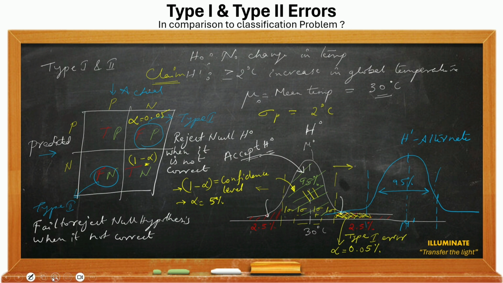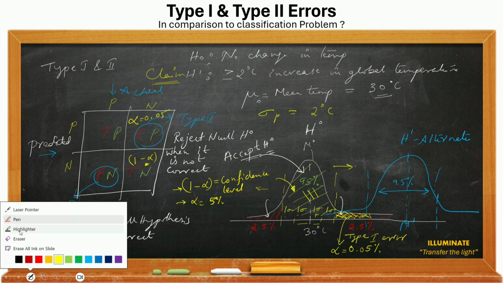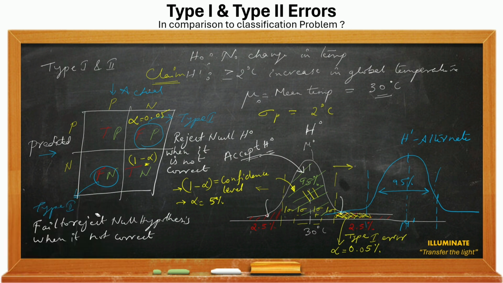Okay. Now let's move to false negative and true positive. Now we'll discuss type 2 error. So we failed to reject the null hypothesis. That means we have accepted the claim saying that it has not increased by 2 degrees Celsius. Failed to reject the null hypothesis means we accept the null hypothesis. There is no change.